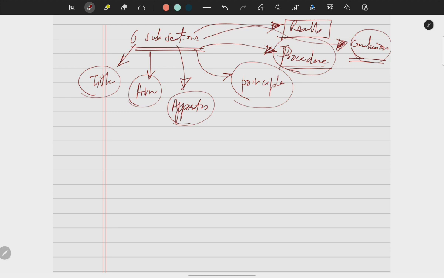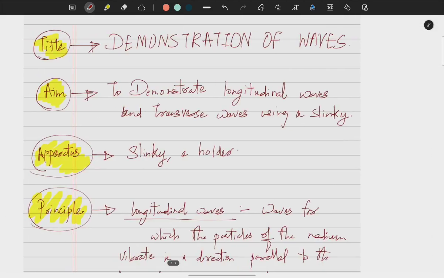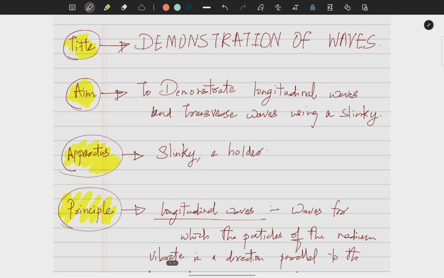Now we will see how a sample record looks. This is an experiment in which we demonstrate the nature of waves by using a slinky. First we have the title. In the title we have written demonstration of waves.